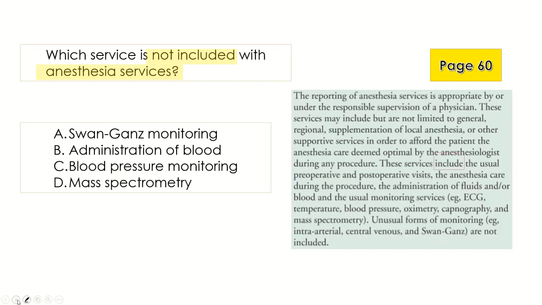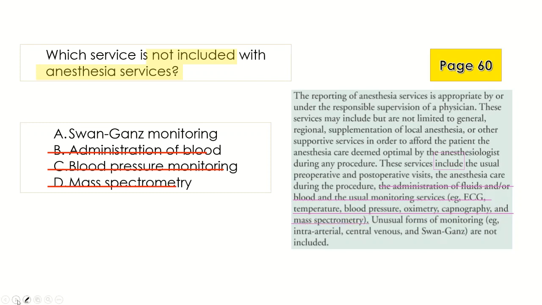These services include the usual preoperative and postoperative visits, the anesthesia care during the procedure, the administration of fluids and/or blood, so administration of blood is included, and the usual monitoring services, meaning ECG, temperature, blood pressure monitoring, oximetry, which is where they're checking how much oxygen is in your blood, capnography, and mass spectrometry.